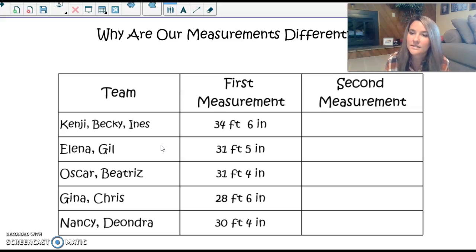If you're measuring the same distance from one end of the classroom to the other or one side of the room to the other, that distance is not going to change. So there is one answer of how far or what the distance is of that length or that measurement of that room. So what tool did you use to measure, and do you think everyone used the same tool?